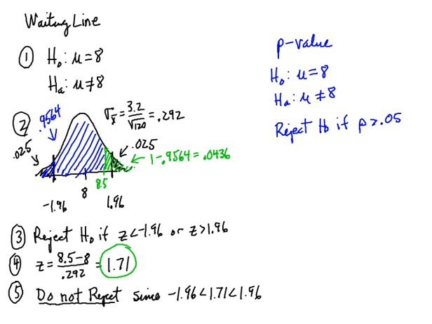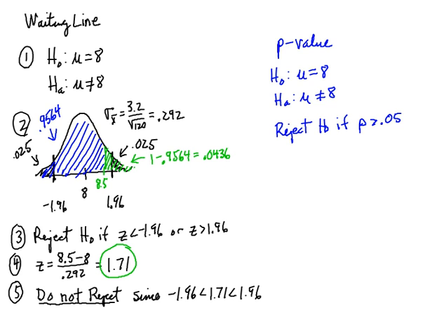In this case I get 0.0436, which is greater than the 0.025 and supports that the 8.5 sample average is closer to the 8 than that decision line, and that's why we didn't get the rejection when we ran the 5-step procedure. So they are consistent there.